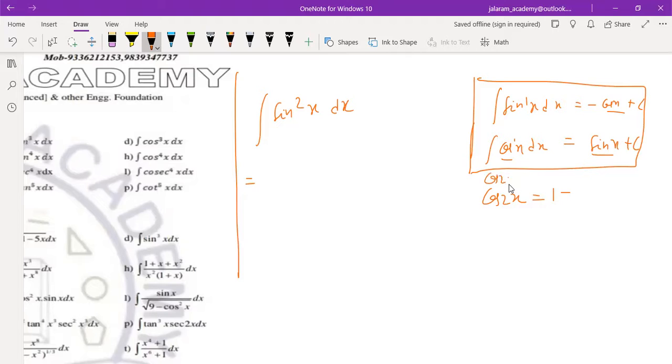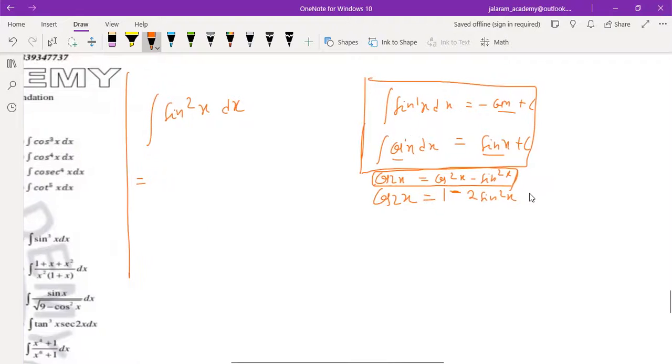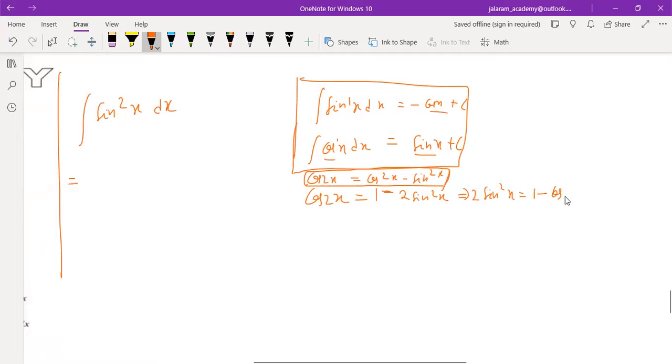The first, we all know, is cos square x minus sin square x. In integration and differentiation, this is used less. So cos 2x is 1 minus 2 sin square x is one more formula. Using this formula, the value of 2 sin square x will be 1 minus cos 2x.